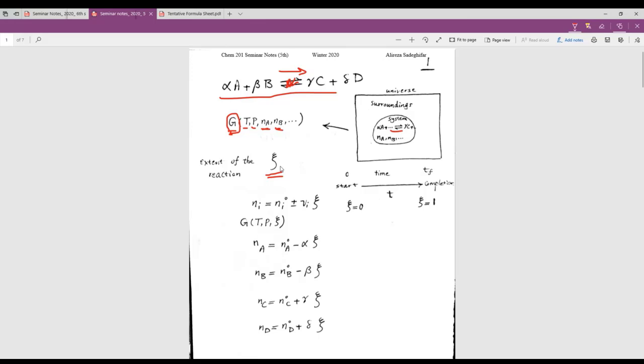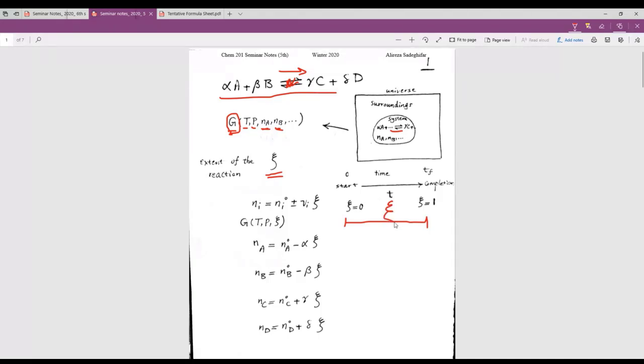Extent of the reaction shows the advancement of the reaction. For example, let's look at this diagram here. Let's say the reaction starts from time 0 and then it goes to completion here, T final. Time 0 is the start of the reaction and this is the completion. At any time during the reaction, you can define xi.